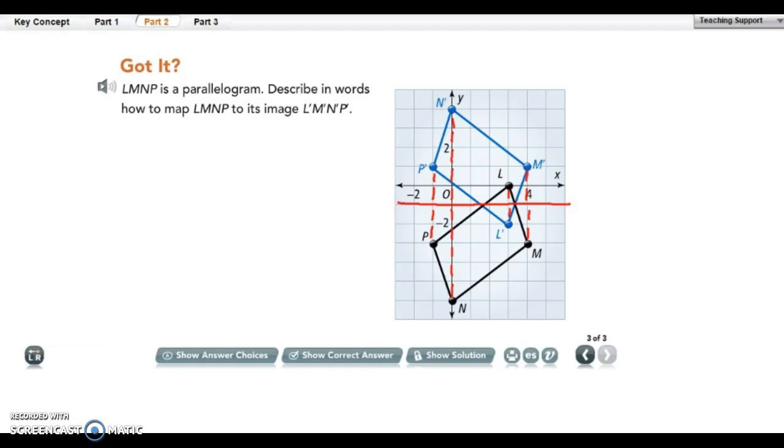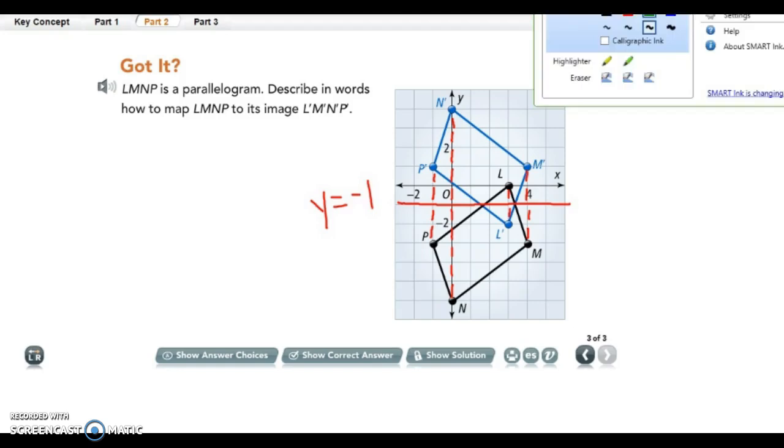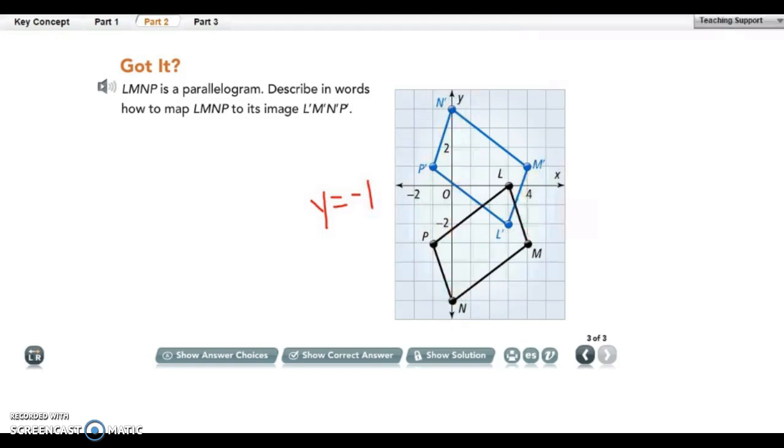This line of reflection is going to be y equals -1, and the reason is because every single dot on that line is going to equal -1. Let me show you. So here, if I were to give you the coordinates of this one, it would be -2, -1. If I gave you the coordinates of this point, you would have 0, -1. This point is going to be 5, -1.